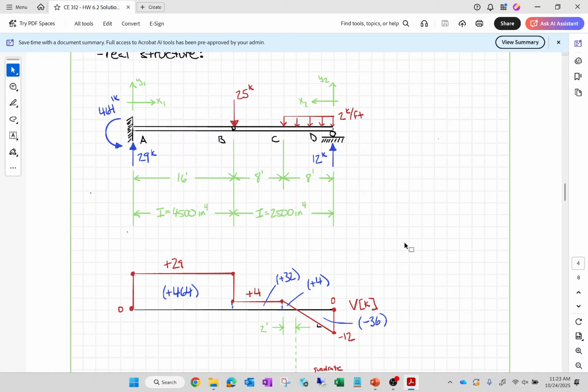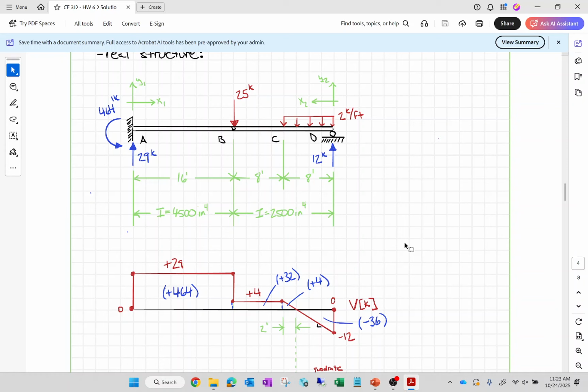And then this region right here was in terms of x2. I mean, is that fair? So when I wrote my equations, this was my x1 region, this was my x2 region, okay? That's the real structure, okay?